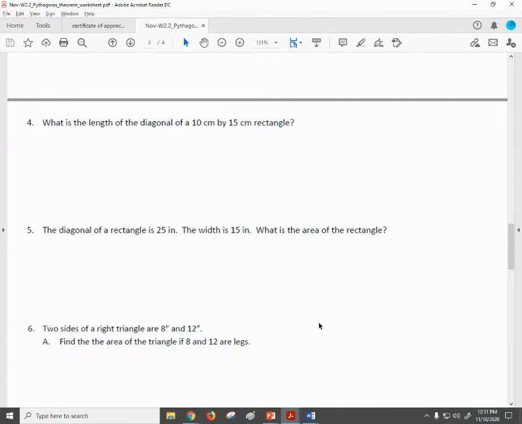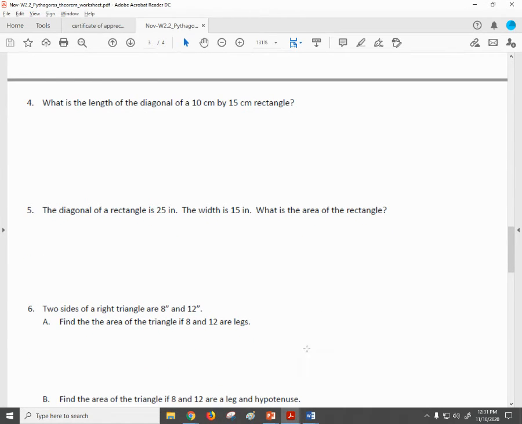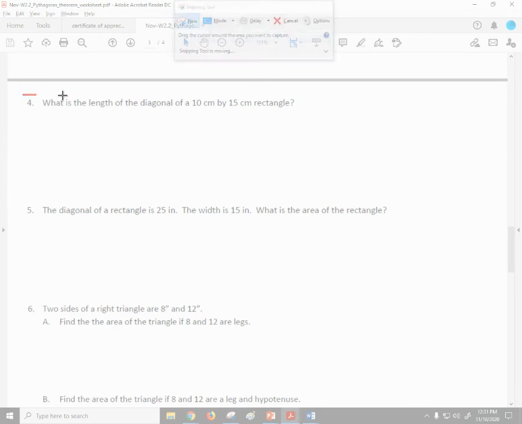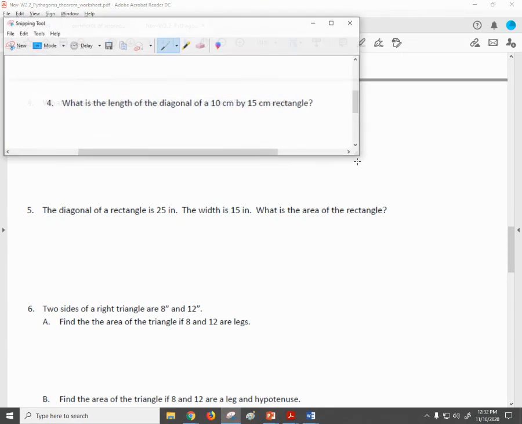What is the length of the diagonal? Let me take one more question randomly. This is another question.